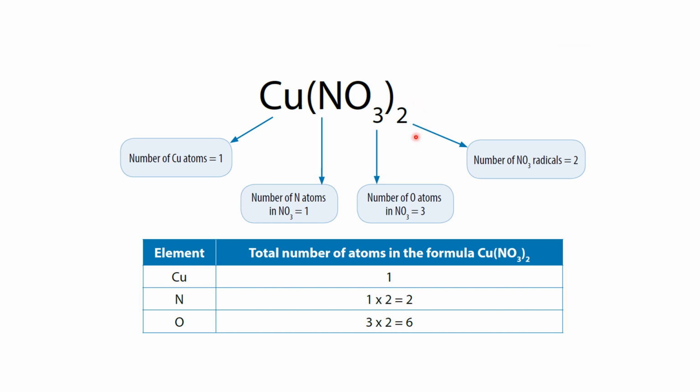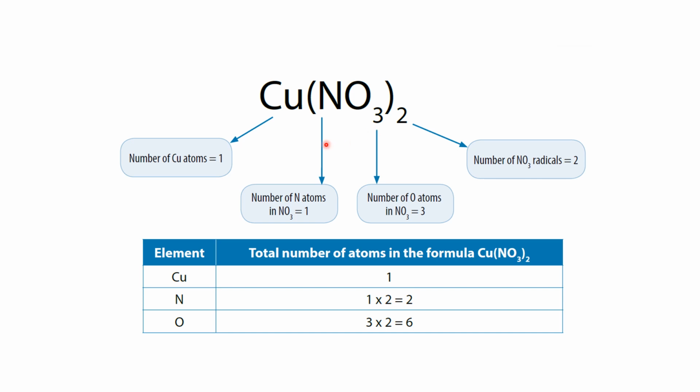Now, let's count the number of atoms of each element in this formula. There is no subscript for copper, hence there is 1 copper atom. In nitrate NO3, there is 1 nitrogen atom and there are 3 oxygen atoms.